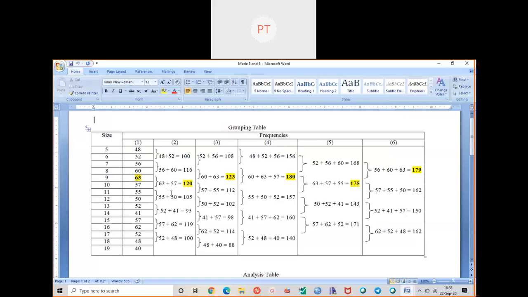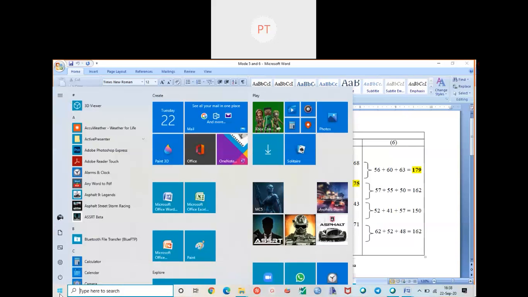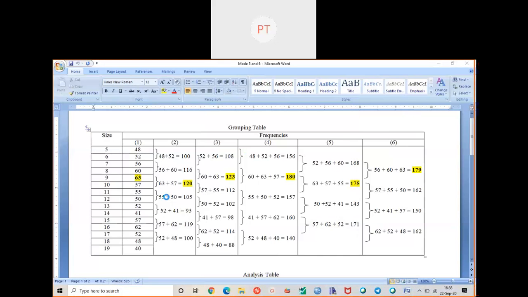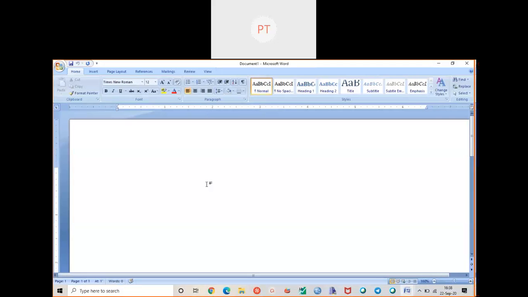Let me just write this for you. You should know this. You have to learn this particular thing that has been mentioned, and it is a part of our technique. Column 1 is the normal frequency.